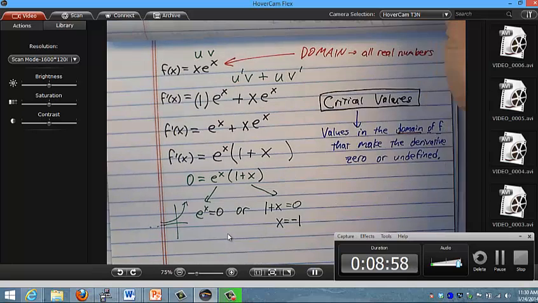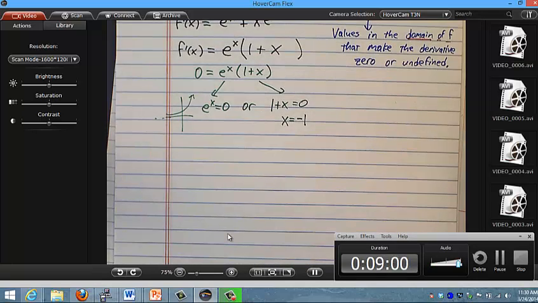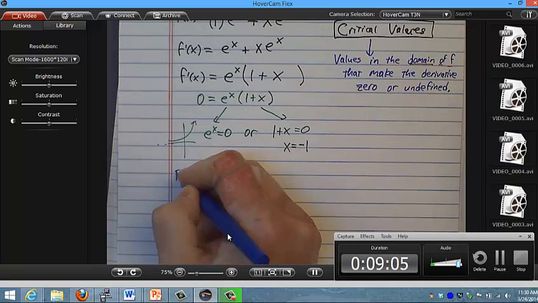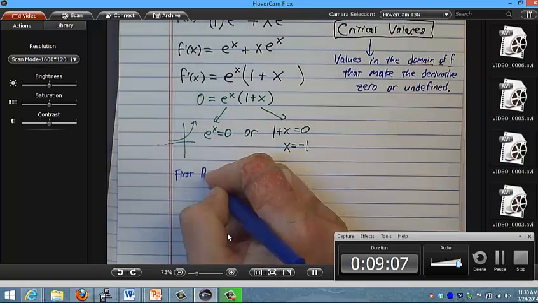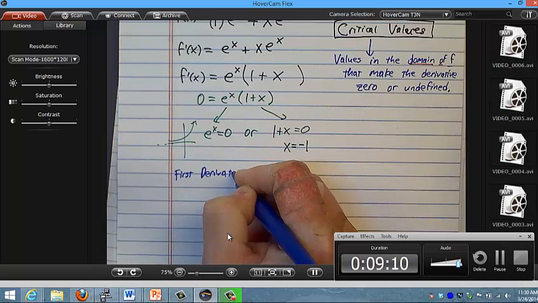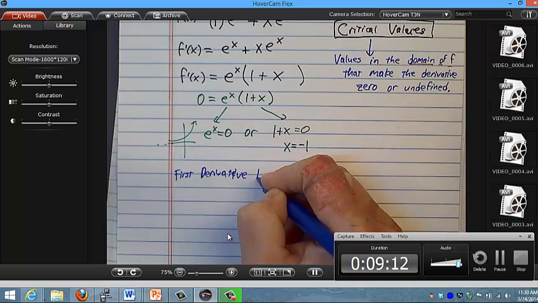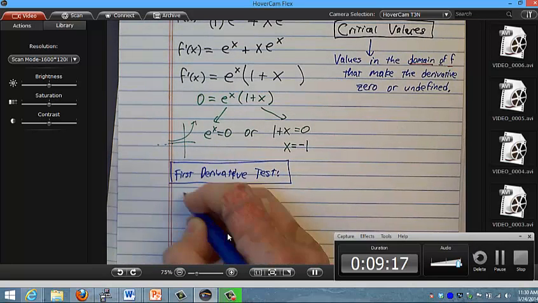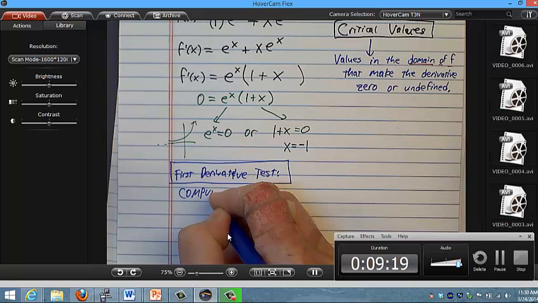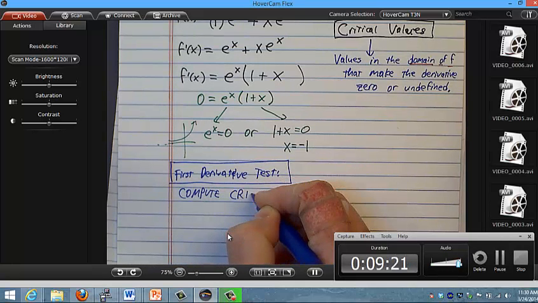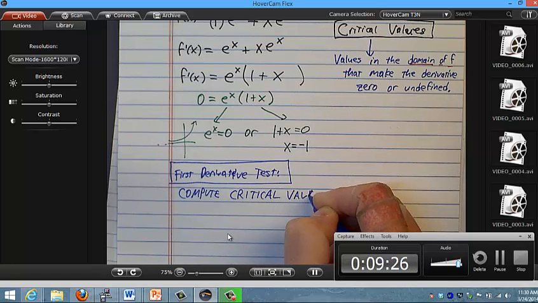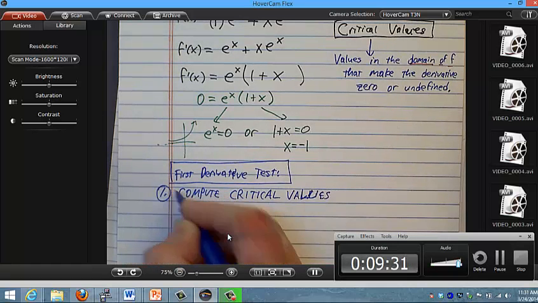And so now let me explain the first derivative test, or demonstrate it. When you do the first derivative test, here's what you do. You compute the critical values, as defined above. That's step 1.